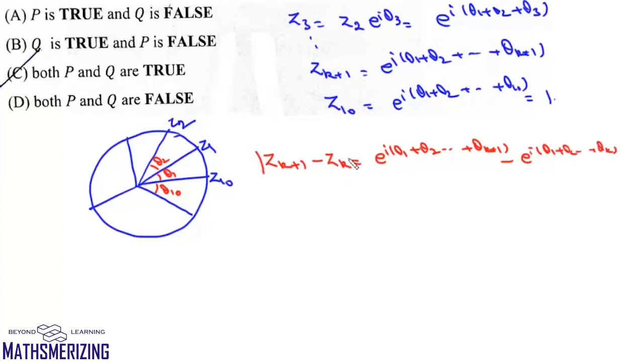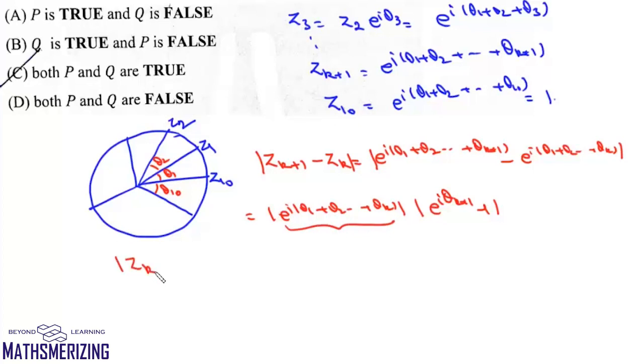Now we take mod sign, then we can write this as mod of e to the power iota theta 1 plus theta 2 up to theta k into mod of e to the power iota theta k plus 1 minus 1. Now this first mod is 1, so we can write mod of Zk plus 1 minus Zk will be this mod of e to the power iota theta k plus 1 minus 1.